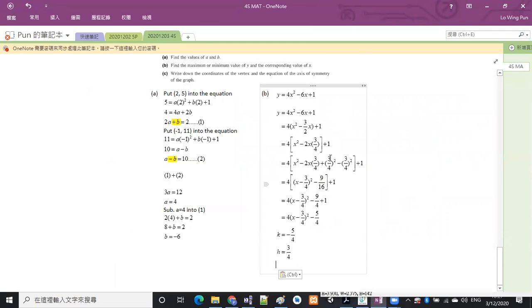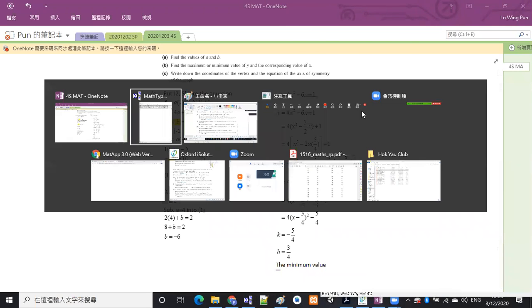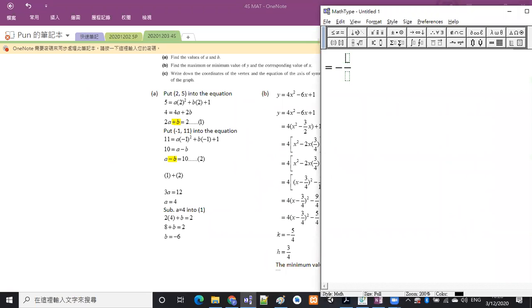And the question asks you to find the maximum or minimum value of y and the corresponding value of x. Because a is equal to 4, which is a positive number, the graph opens upwards, and we will have a minimum point only. So the minimum value is equal to the k value, that is negative 5 over 4.